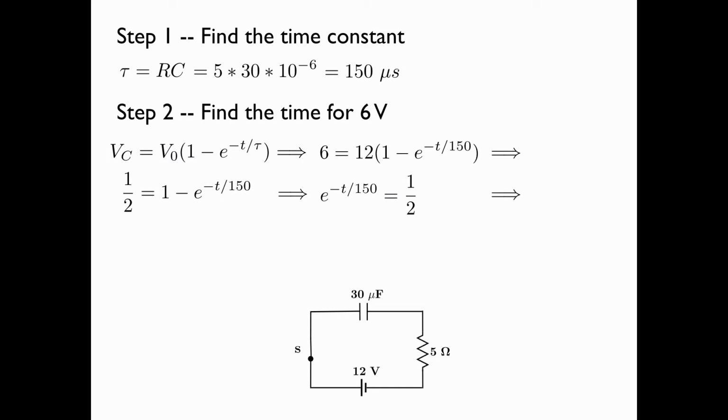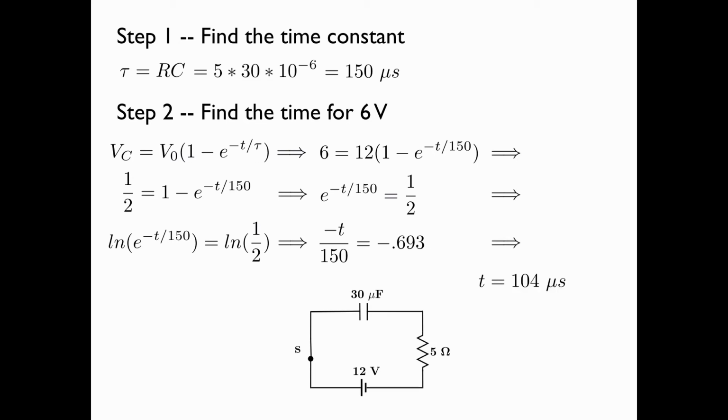Taking the natural logarithm of both sides simplifies the left-hand side, because it just gives us the exponent, negative t over 150, which is equal to the natural log of 1/2. Solving for t, we find the time it takes is 104 microseconds.